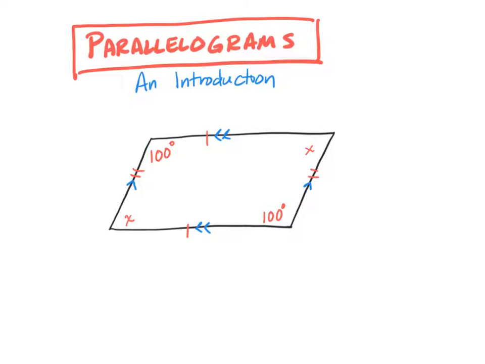We already know that all four angles of the quadrilateral add to 360. So if we do 360 minus 200, that's 160, divide by 2, that means that each of these are 80 degrees. So x's are 80 degrees.